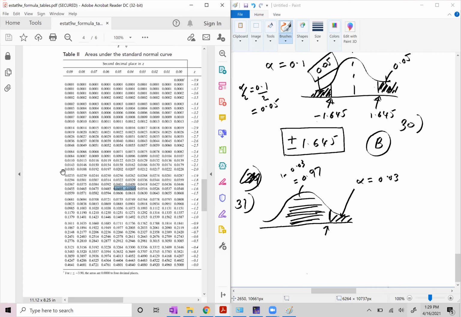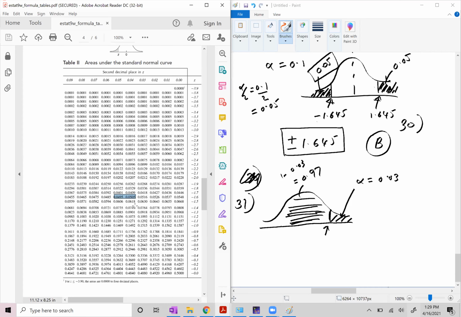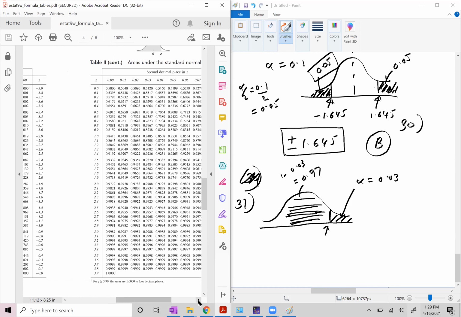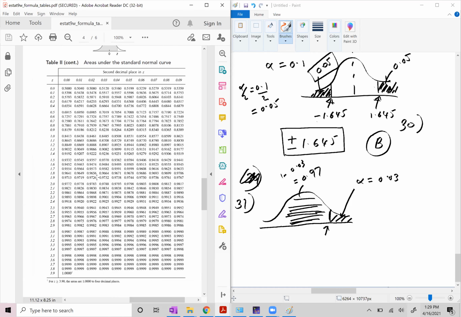So you look for 0.97 in the normal table. Here are the two values. Okay, 0.9699 and 0.9706.